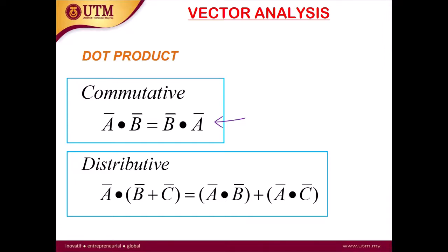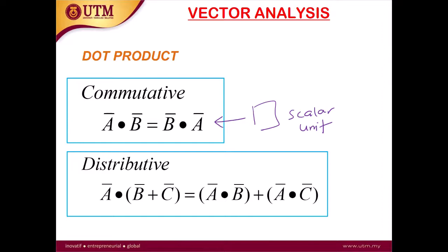Another thing is, the result of the dot product between two vectors will give you a scalar. For example, A dot B, B dot A, you get one scalar. Please remember this, don't confuse.